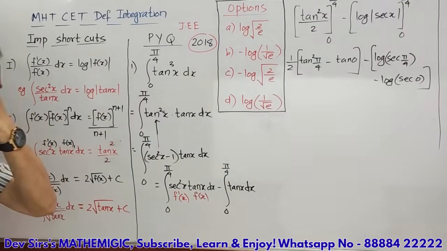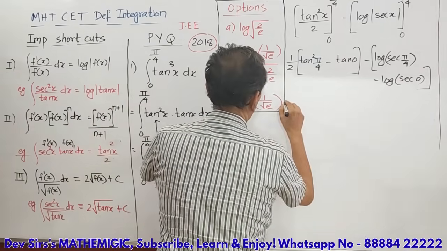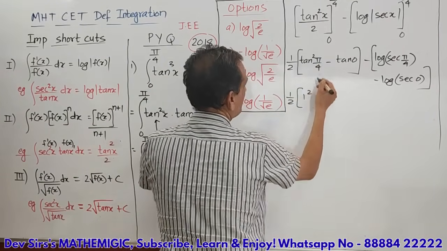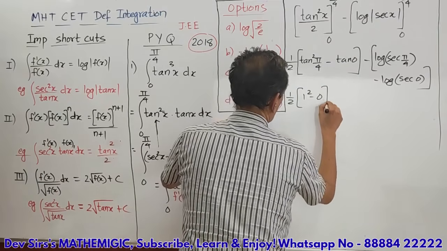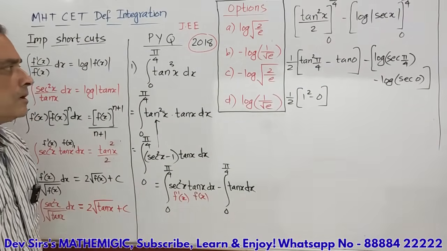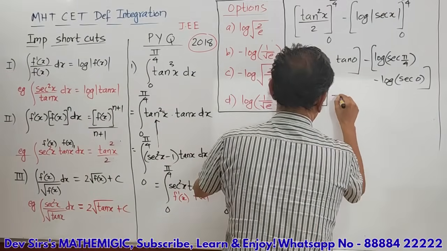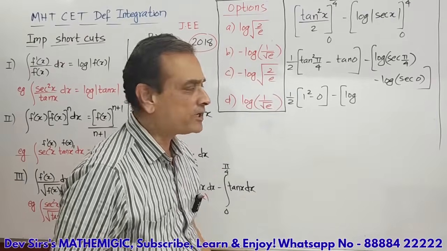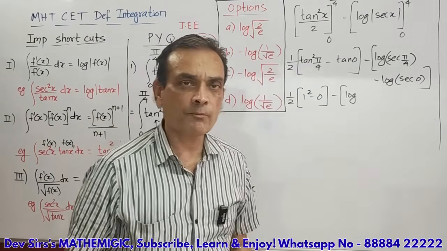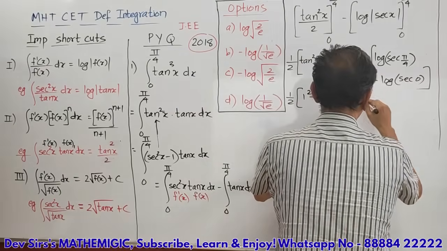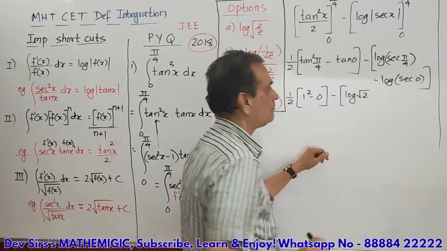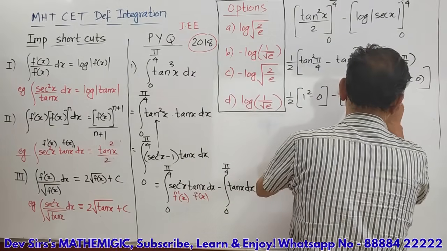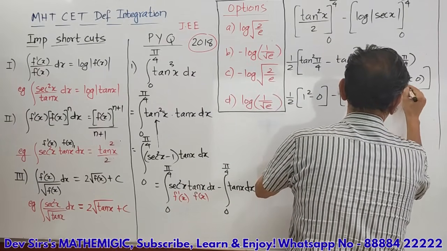Usual. Now tan pi by 4 is 1. So I get 1 squared. Tan 45 is 1. Tan 0 is 0. pi by 4 is 45. Cos 45 is 1 upon root 2. Sec 45 is root 2 upon 1 or root 2. Cos 0 and sec 0 are 1. Sec 0 is 1.